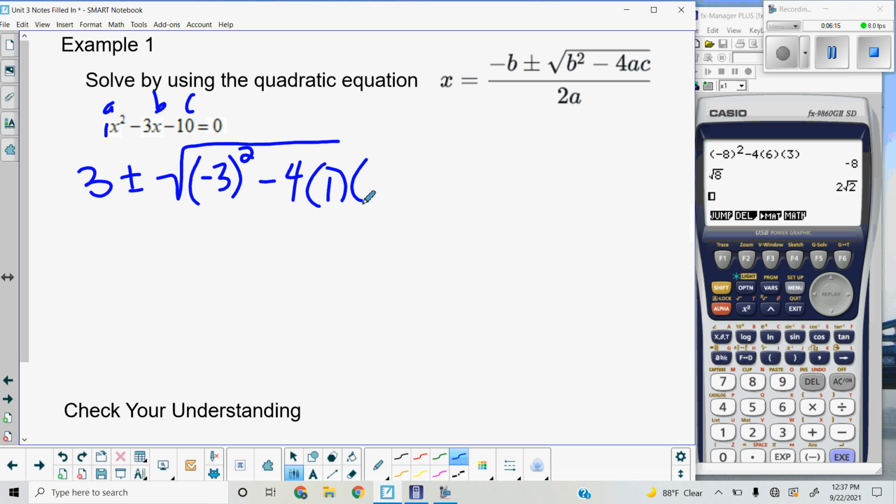And then C, negative 10. Make sure you always take the sign, but do not take your variables. Over 2 times A was 1.